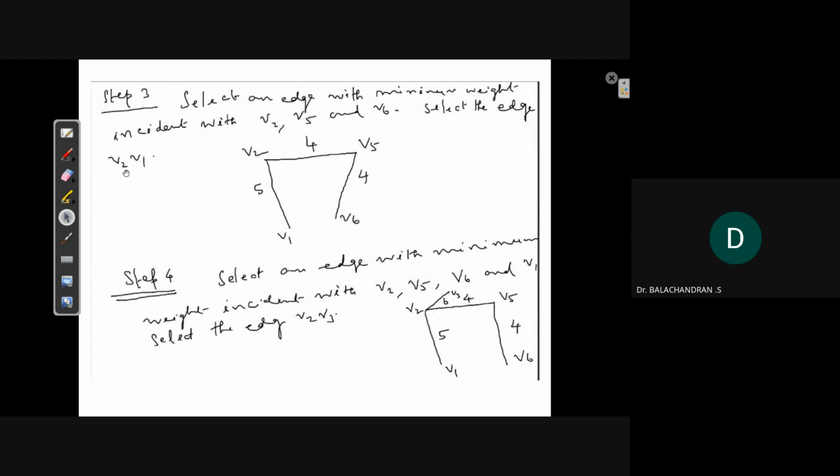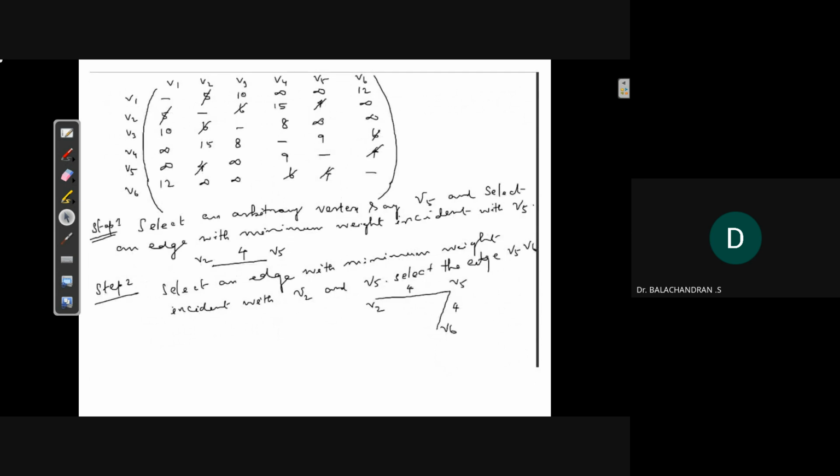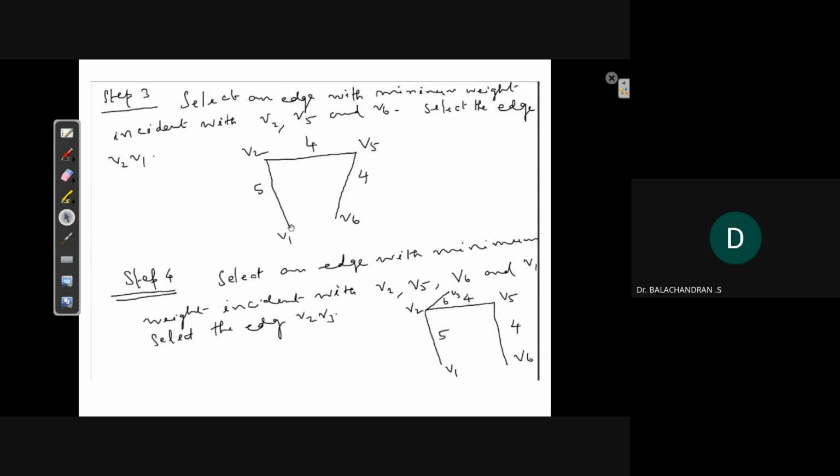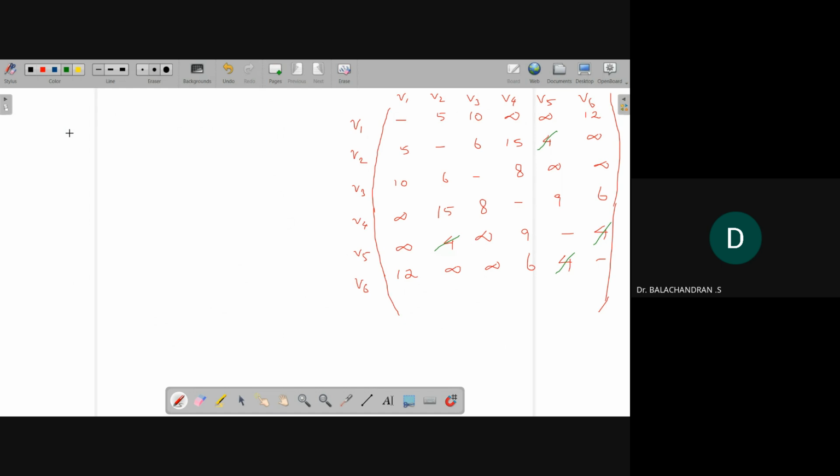What is the weight of V2, V1? It is 5, so I put 5 here. I cross out V2, V1, and similarly V1, V2 can also be crossed out.